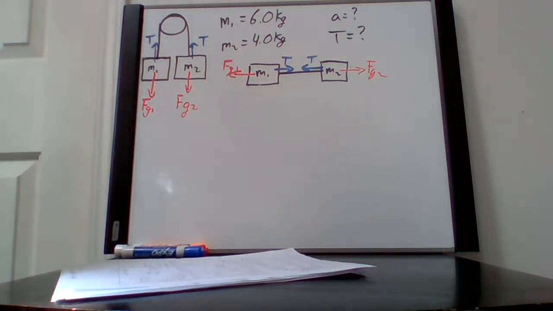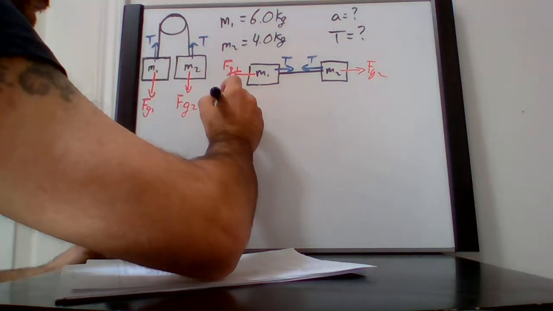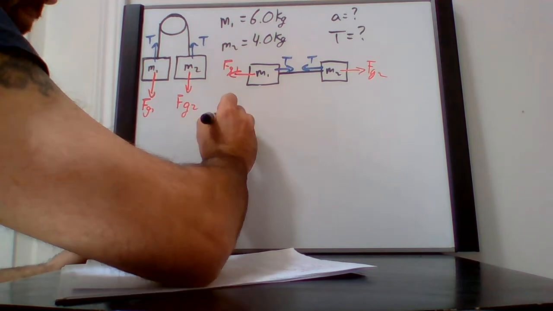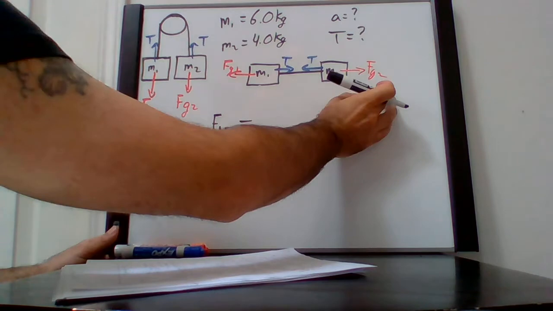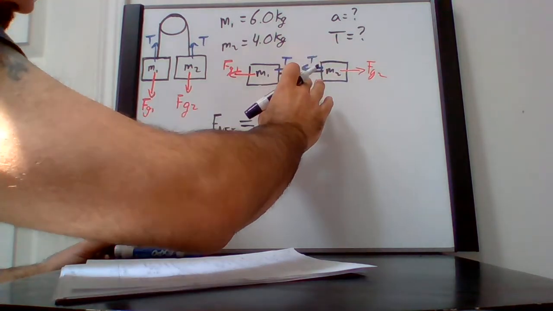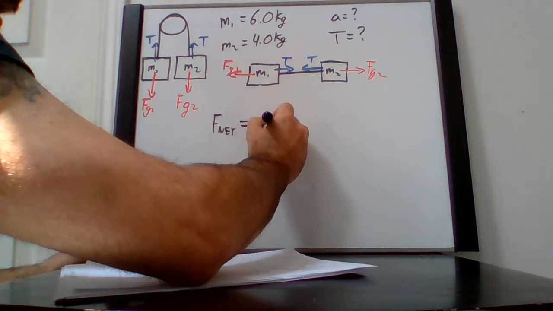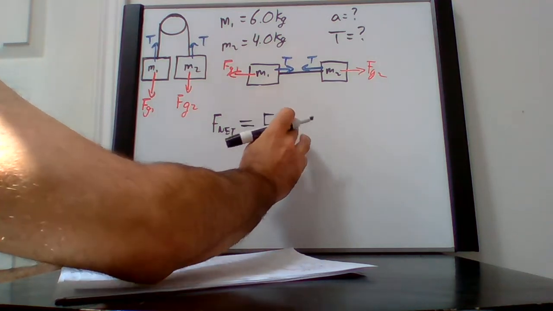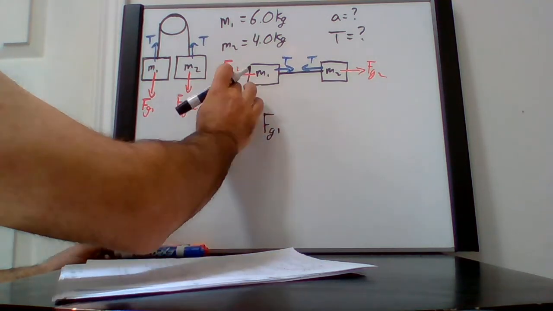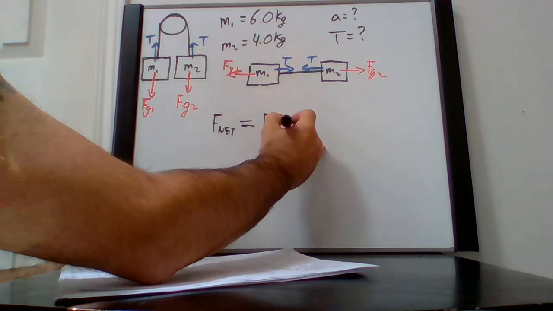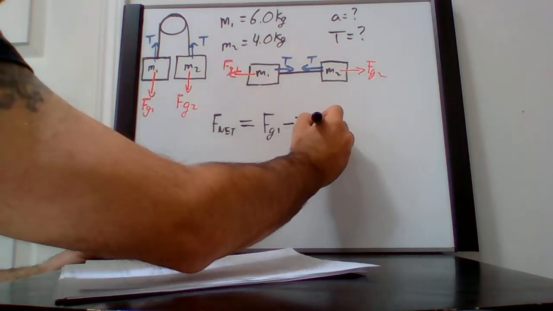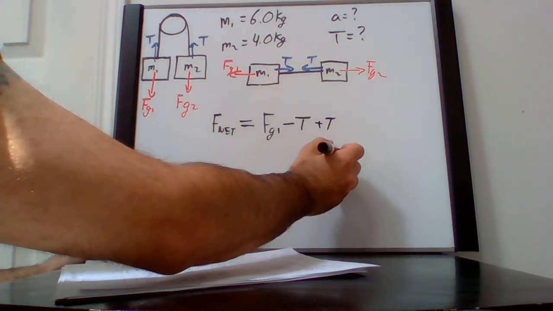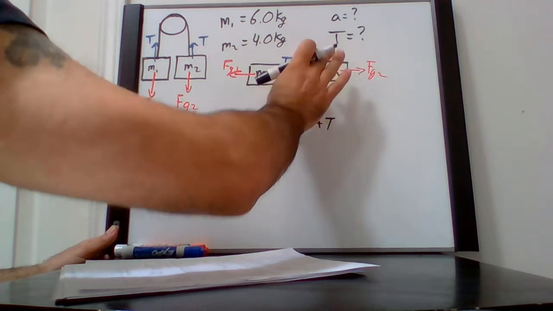Looking at this one piece here, the way we've got this drawn out, we can say that F net equals my Fg1. Tension is going the opposite direction, so I can say minus tension. Then I look over here, I've got plus tension, and then I've got my Fg going in that direction.